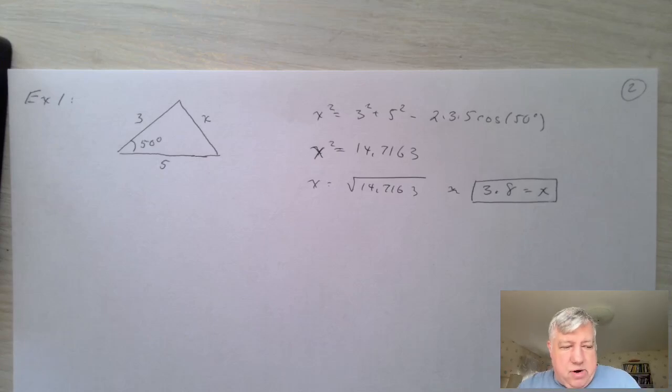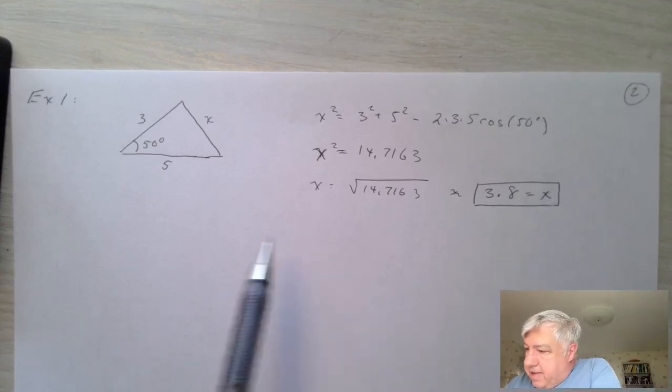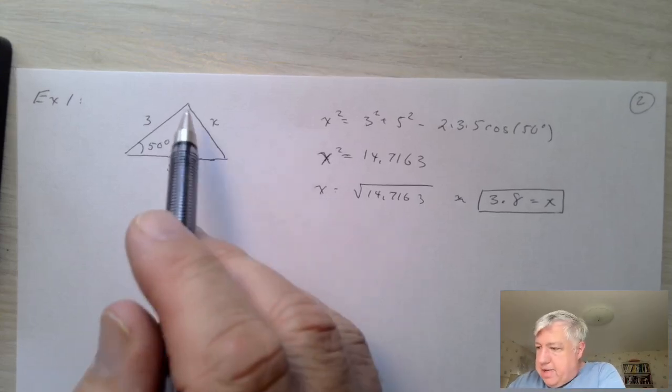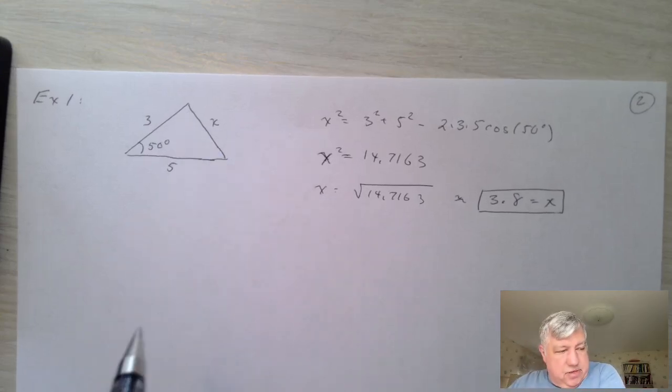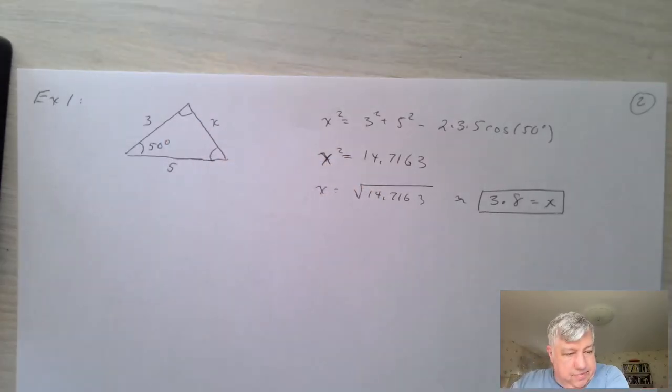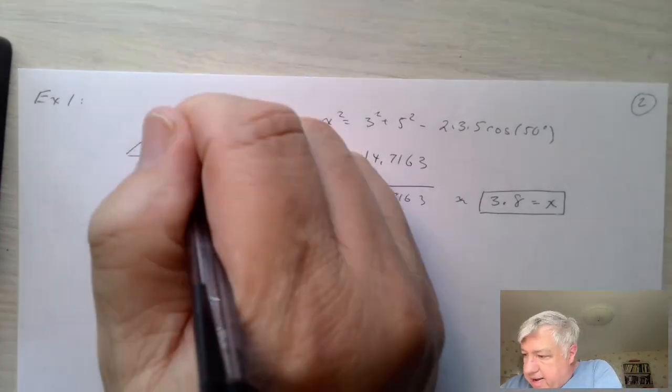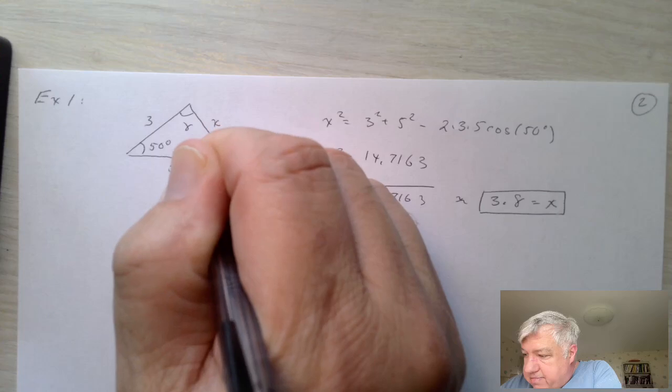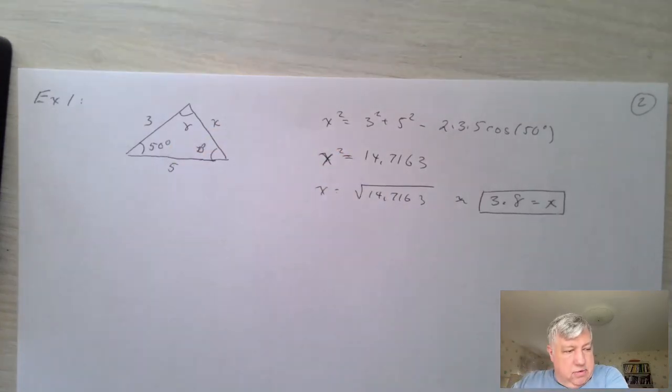If you wanted to be more accurate, you could. But that's what this side is. Now, say we wanted to find these other two angles here. Let's call this gamma, and let's call this beta. Let's find out what gamma is.